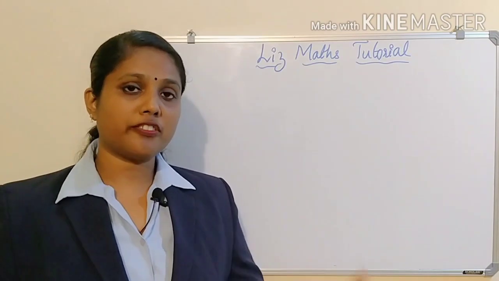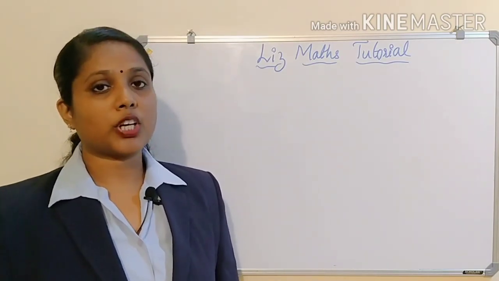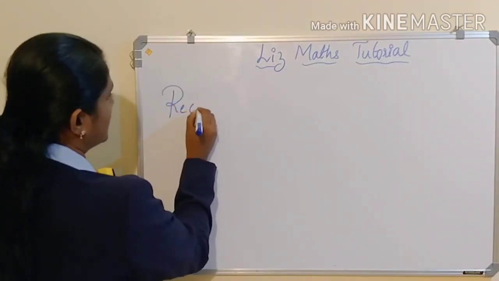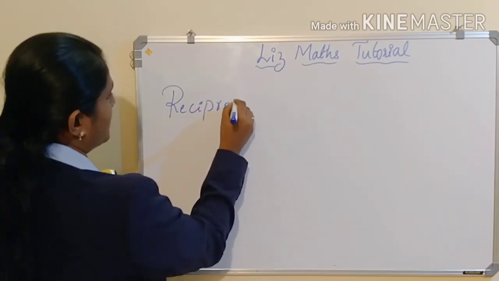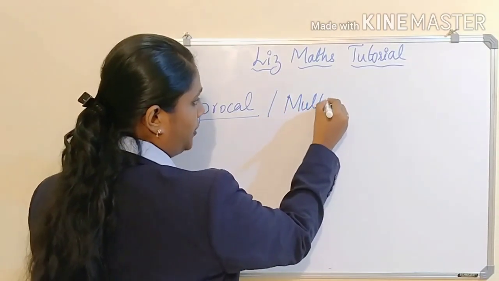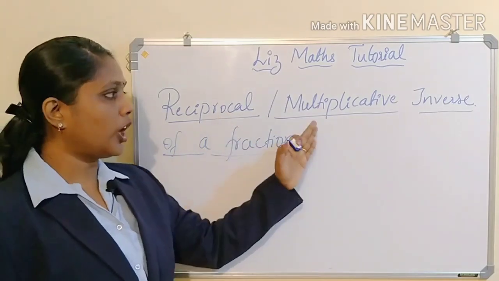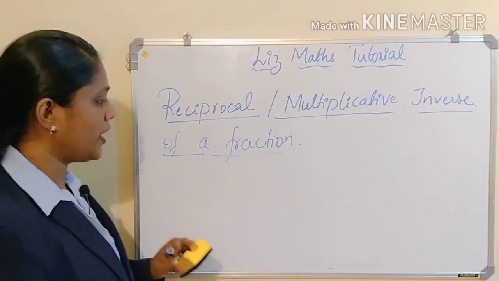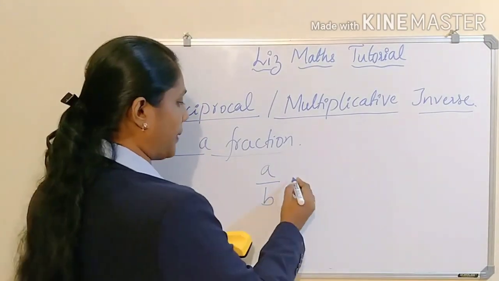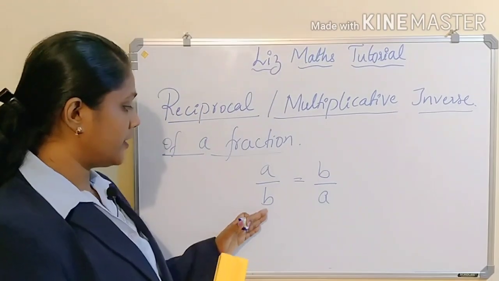So before going to the division of fractions, we have to learn a small concept called reciprocal, or one more name we can say is multiplicative inverse. So what is this reciprocal or multiplicative inverse? See, when you have a number in the form of a by b, we write it in the form of b by a, that is in the reverse.